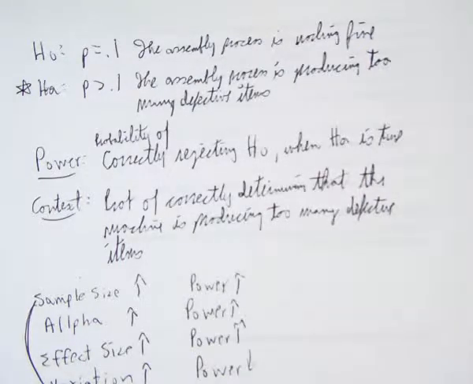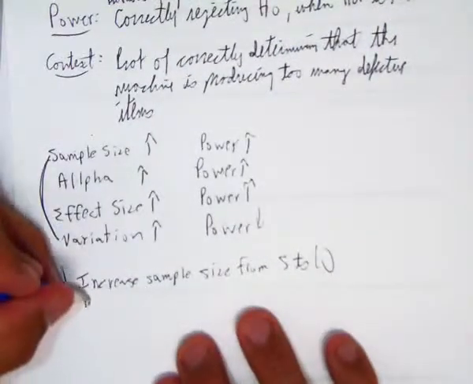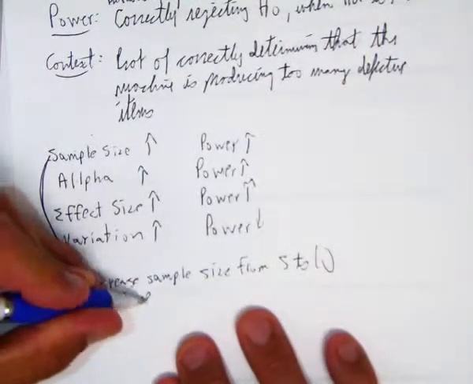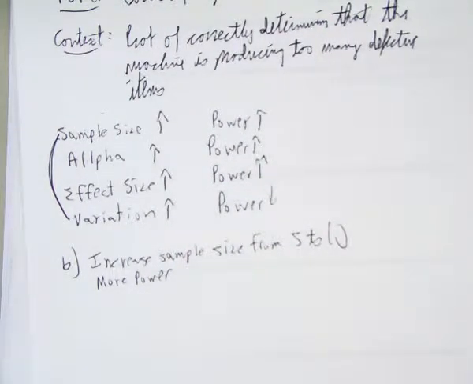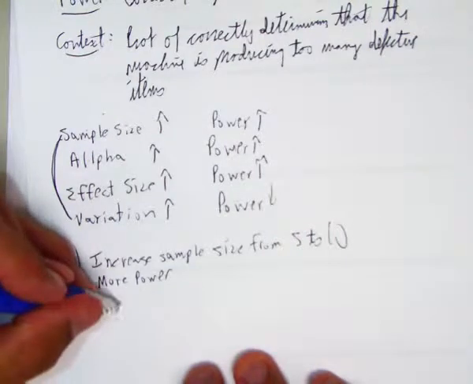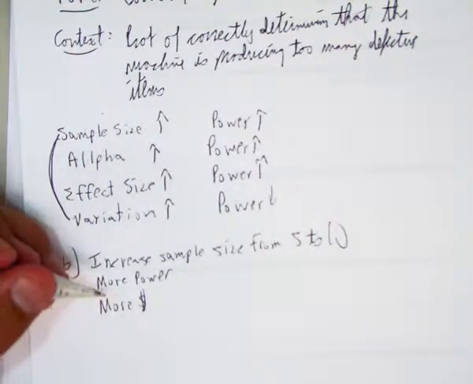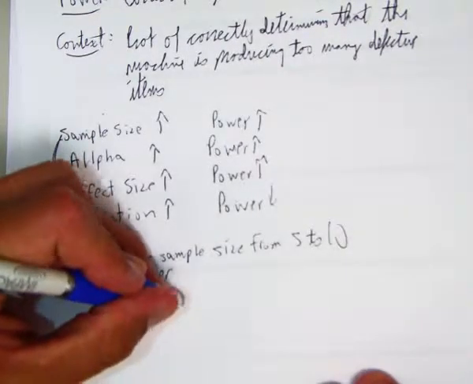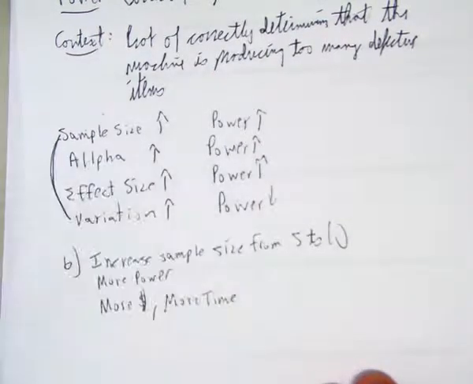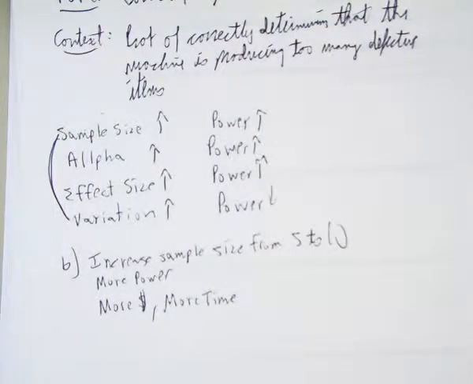It's good if the machine is out of compliance, so there would be more power. So that's the advantage. What's the disadvantage? You would have more cost spent to do that, and you would have more time spent doing the test. Which isn't a bad thing. Again, we're talking about a machine that's out of compliance.